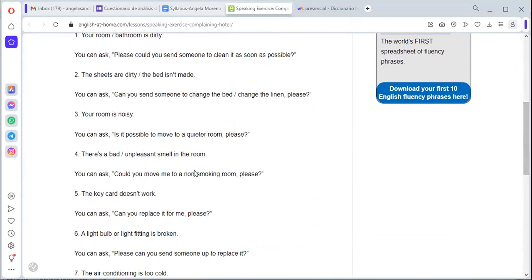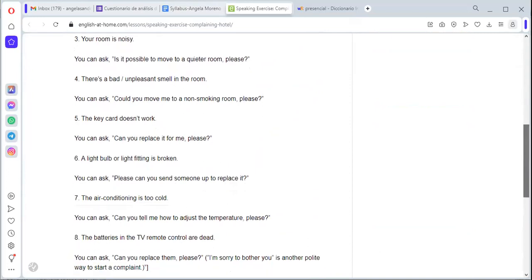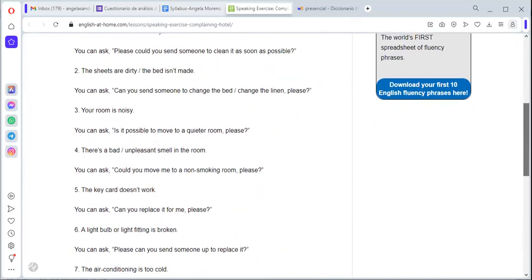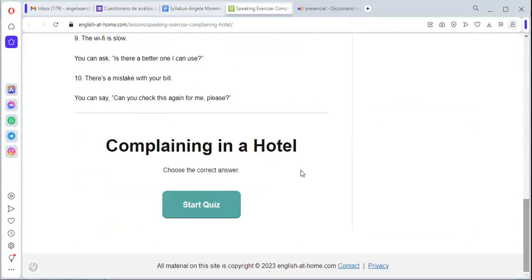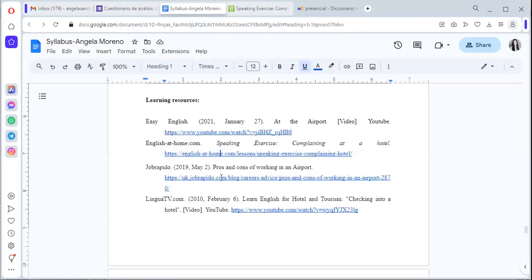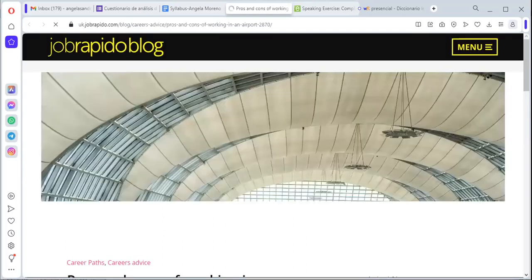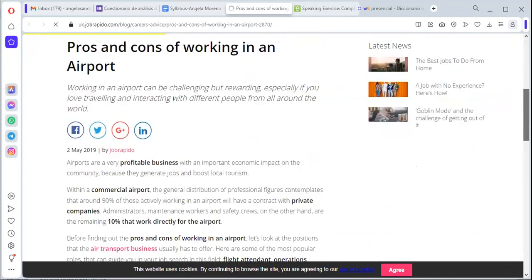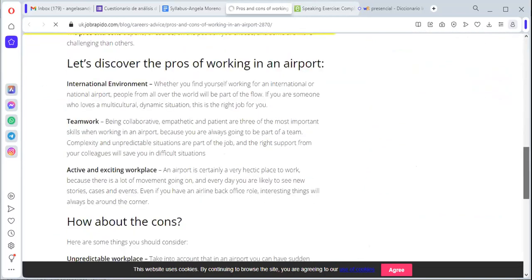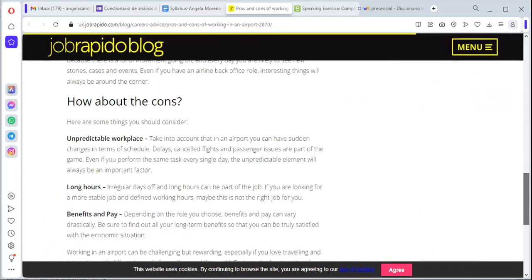Here, the student has different expressions and sentences for complaining at a hotel. And at the end, he has a short quiz. Then the other resource is an article about the pros and cons of working in an airport. This is a short article about it.